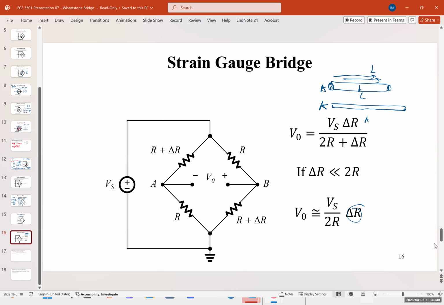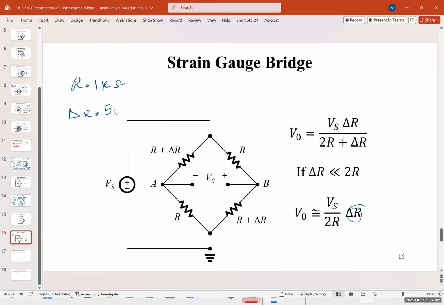Now, let's solve a practice problem for this. For this particular example, R is 1K. Delta R is 5 ohms. Vs is 10 volts. What is V out?